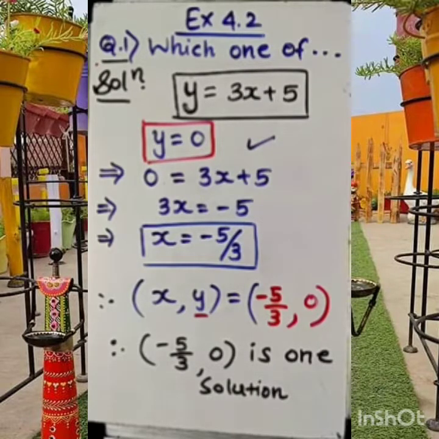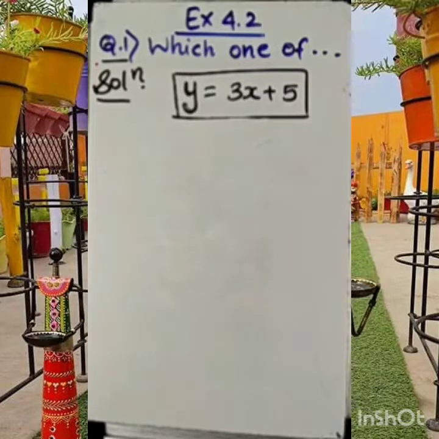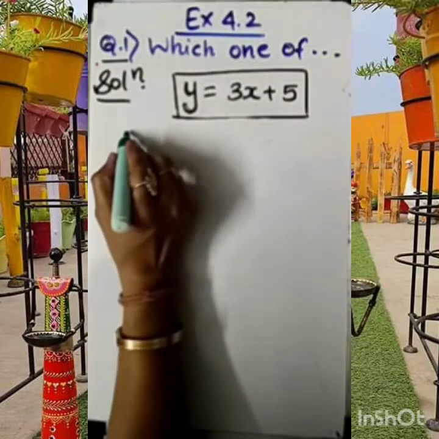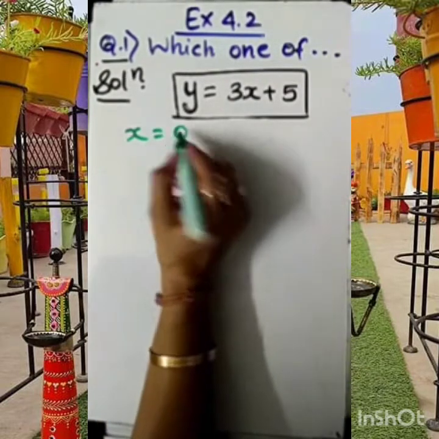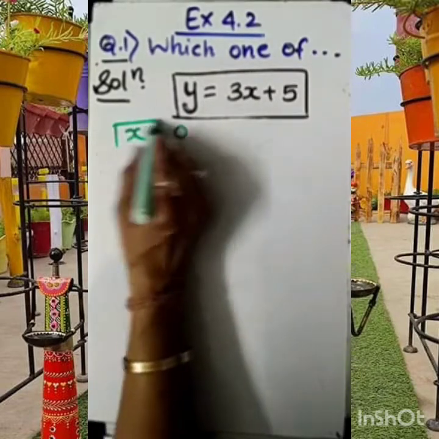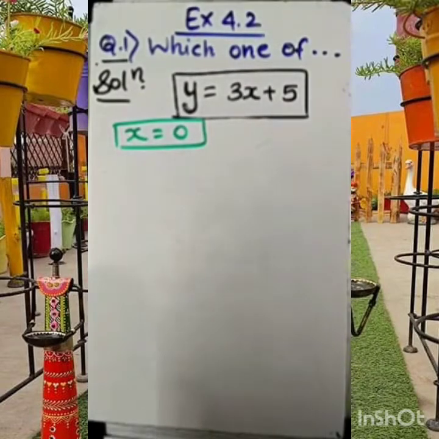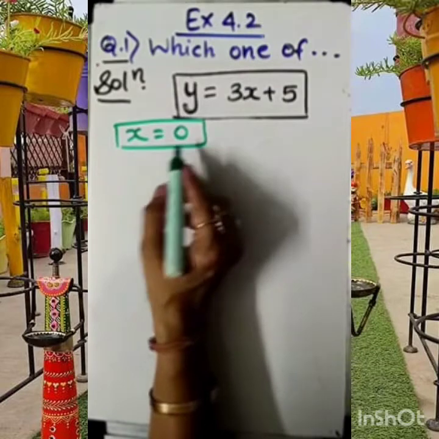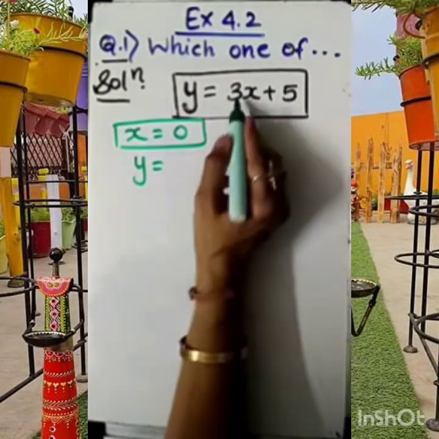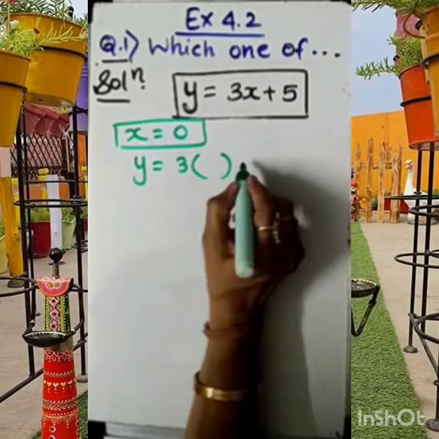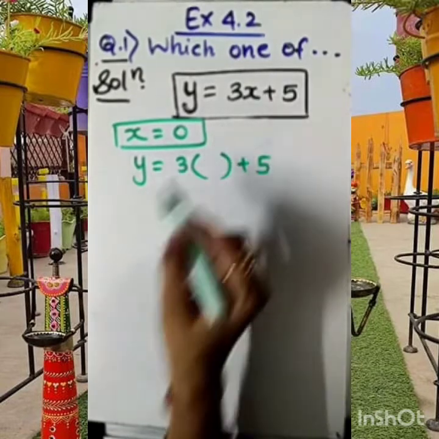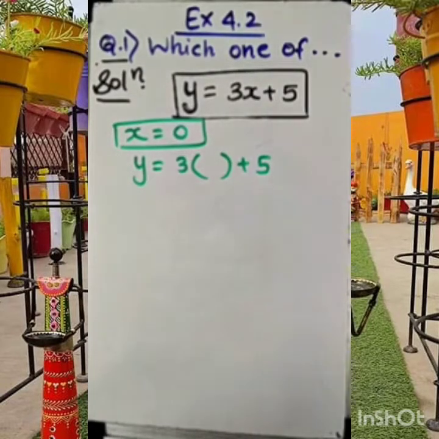Now we will work out another part. Let's see how to do it. So dear student, let's take x equal to 0. First we took y equal to 0, now we are choosing x equal to 0. If I take x equal to 0, then y equals 3 times 0 plus 5. As usual, in place of x I need to put its value, that is 0.